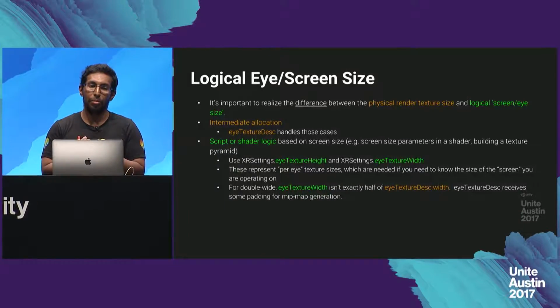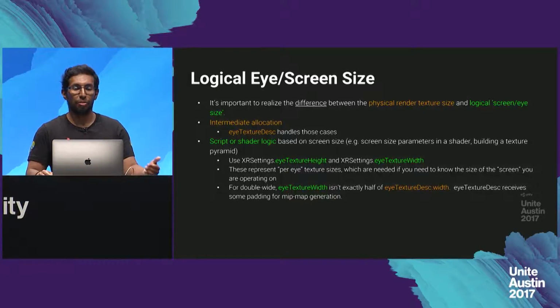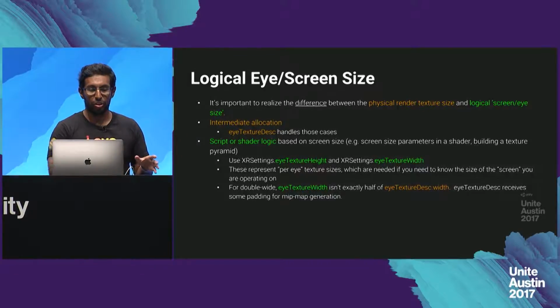All right, now we can talk about logical eye screen size. Especially for XR rendering, there's going to be a difference between the physical render texture size and the logical screen eye size. For intermediate allocation, you want to use this eye texture descriptor we've been talking about, because that's allocating the physical textures.